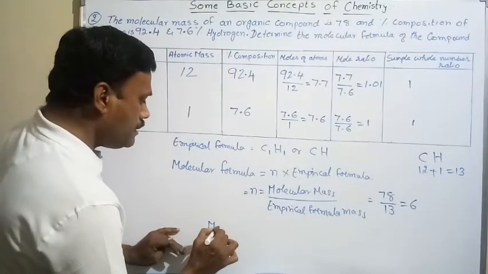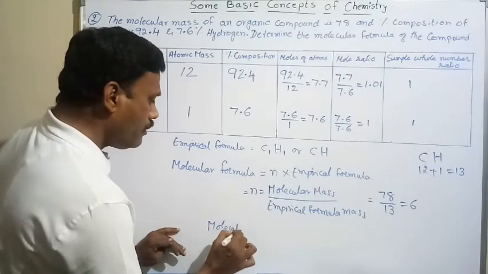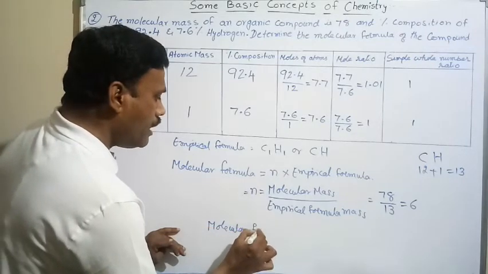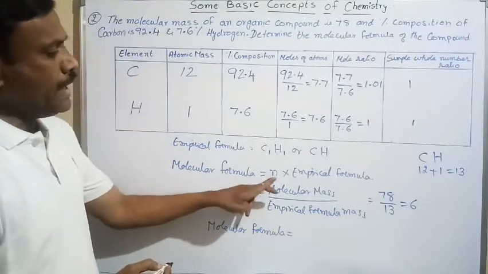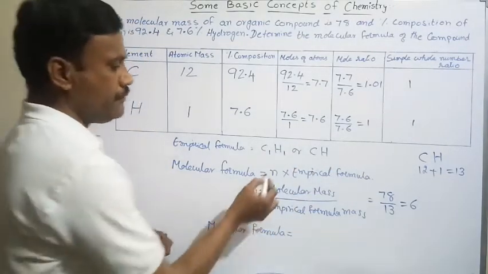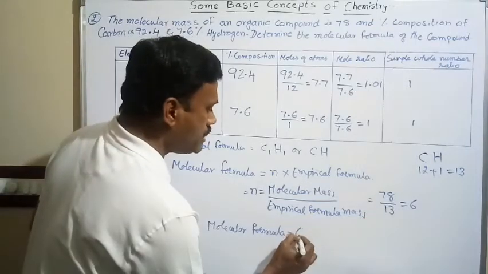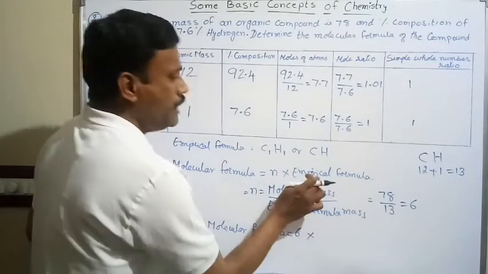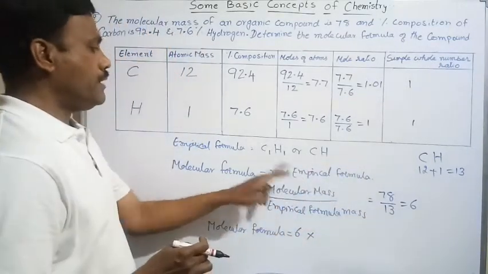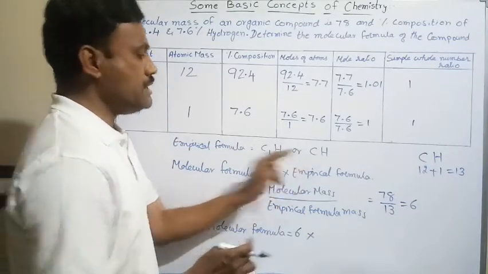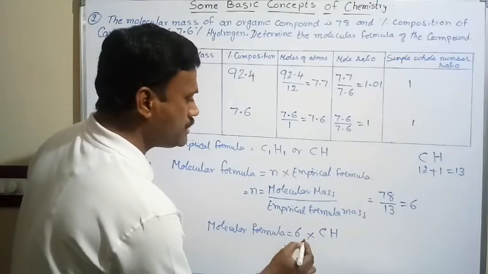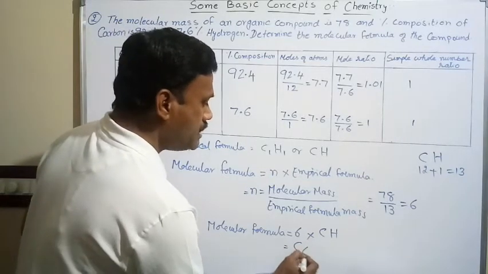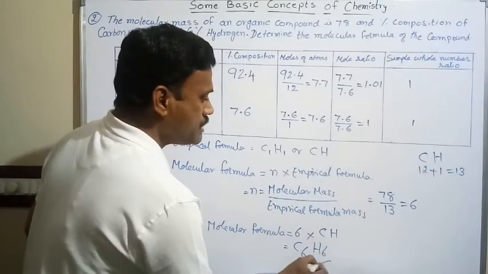So the molecular formula is N times the empirical formula, 6 times CH, which gives C6H6.